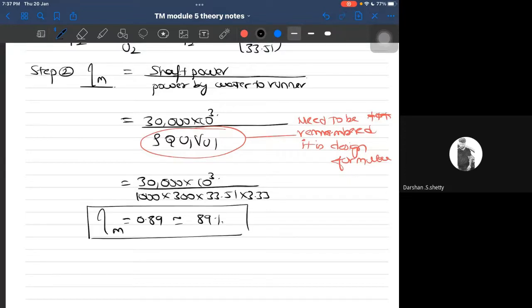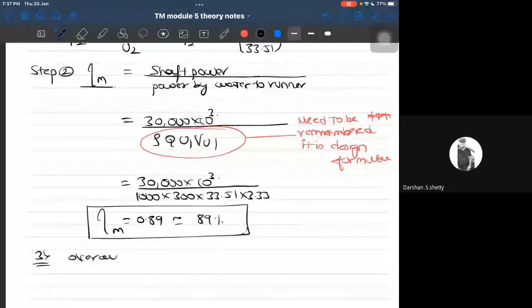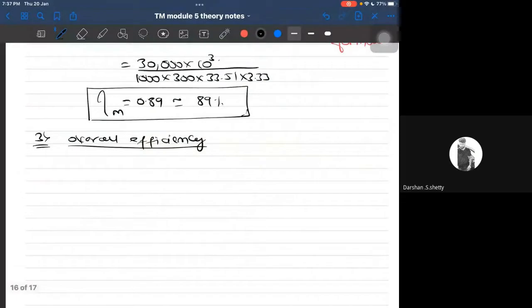Now, last one, to find the overall efficiency. So how will you find overall efficiency? It is very, very simple. Overall efficiency is the product of mechanical efficiency and hydraulic efficiency. We have to remember this again. So that is equal to mechanical efficiency 0.896 cross hydraulic efficiency 0.95.